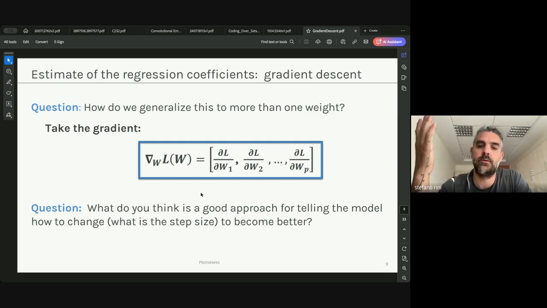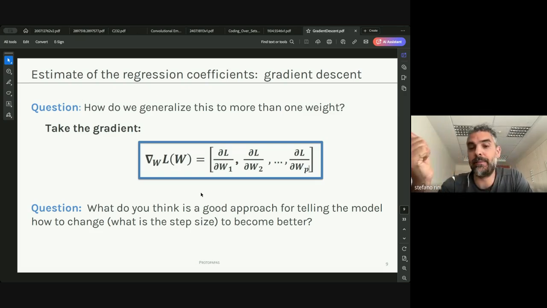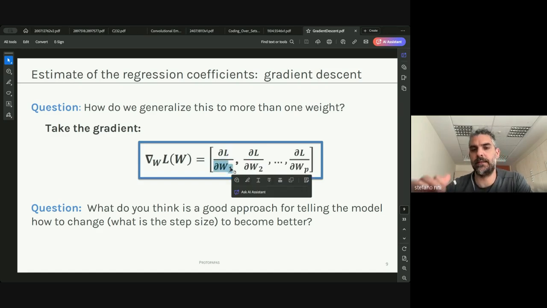You can ask yourself, what do I expect the gradient of a function with P independent variables to look like? The answer will be something like this. You will say that the gradient is a vector, a vector of functions. Each entry in the gradient vector is a function, and in each entry we have the partial derivative of the function with respect to one of the independent variables.